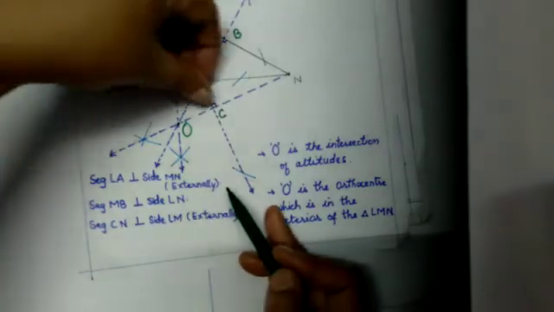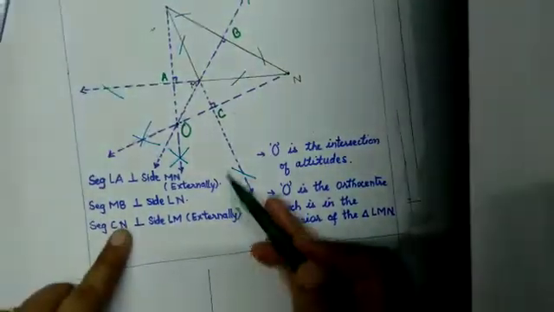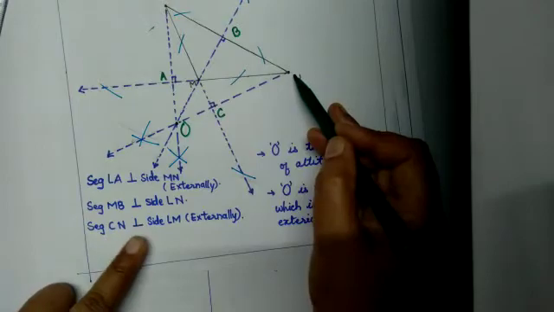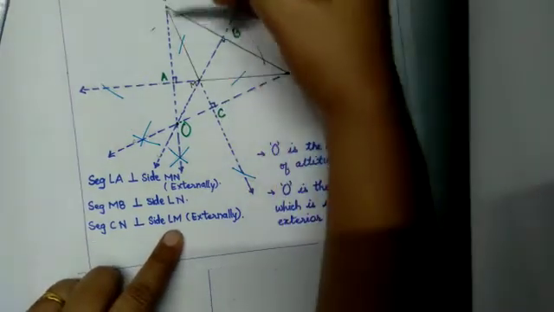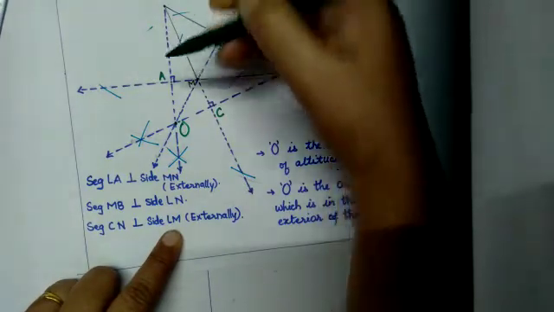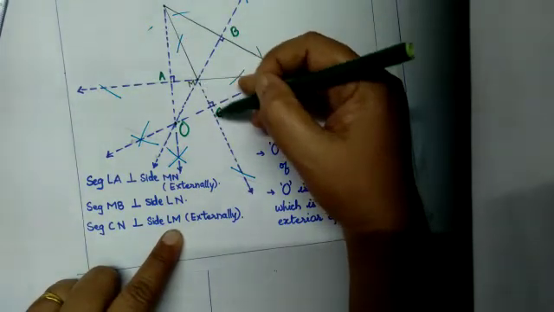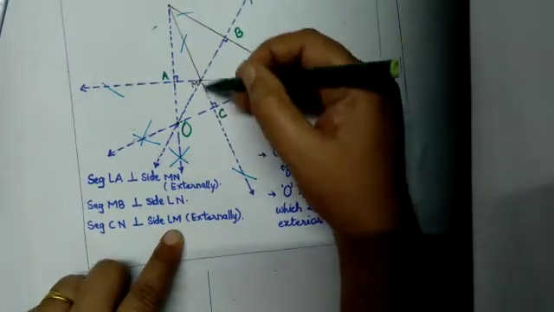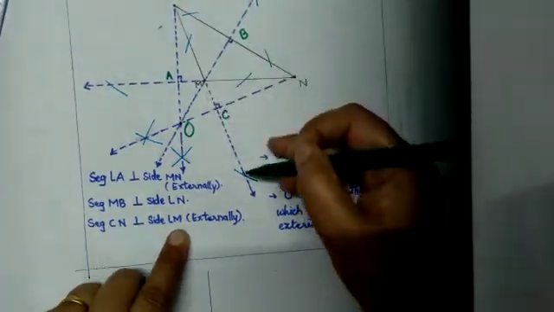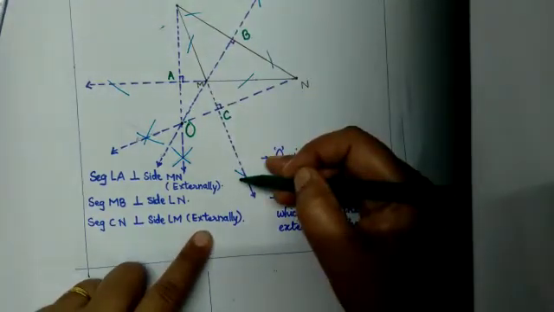Now the third side, that is this CN. Segment CN is perpendicular to side LM. LM is here up to here and we have extended towards this C, below side. That's why externally we have to write in the answer. Side LM is extended, that's why externally.